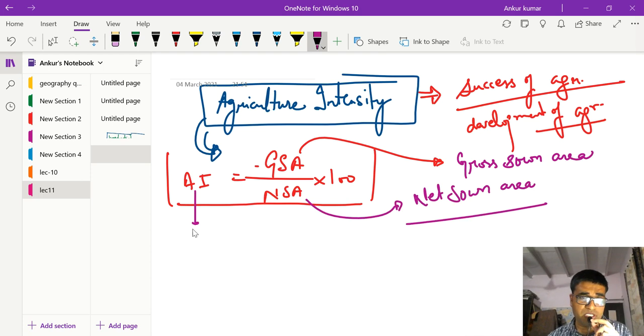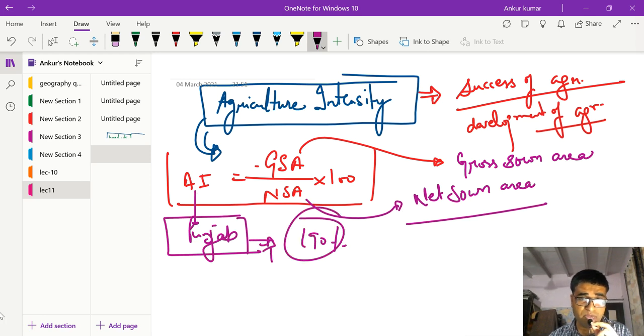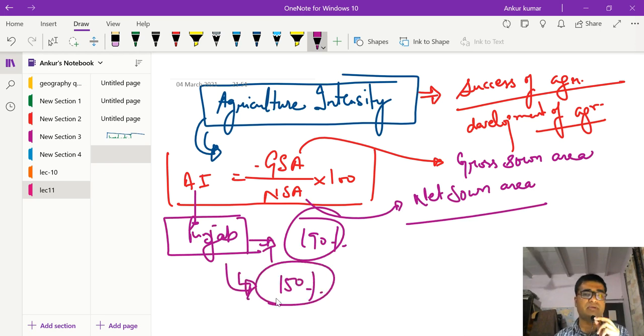For example, Punjab has the highest agriculture intensity, which is 190%. The average agriculture intensity of India is close to 150%. What does it mean? Let us say 190%, or close to 200.